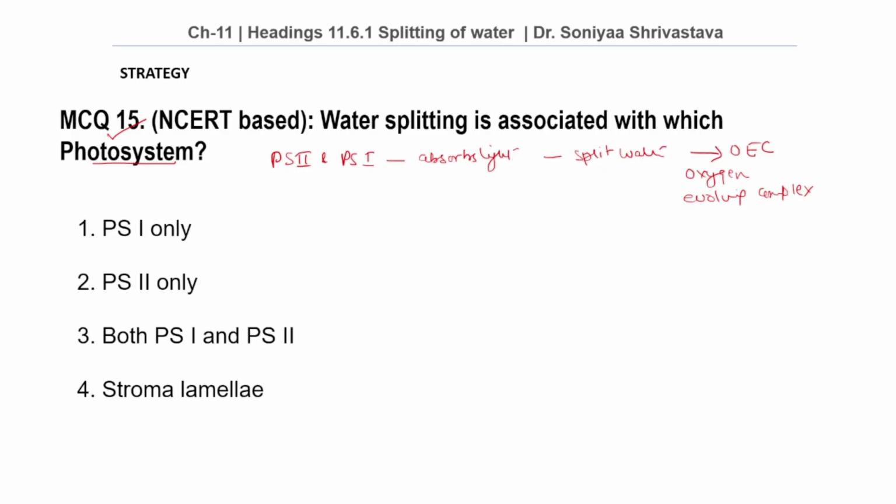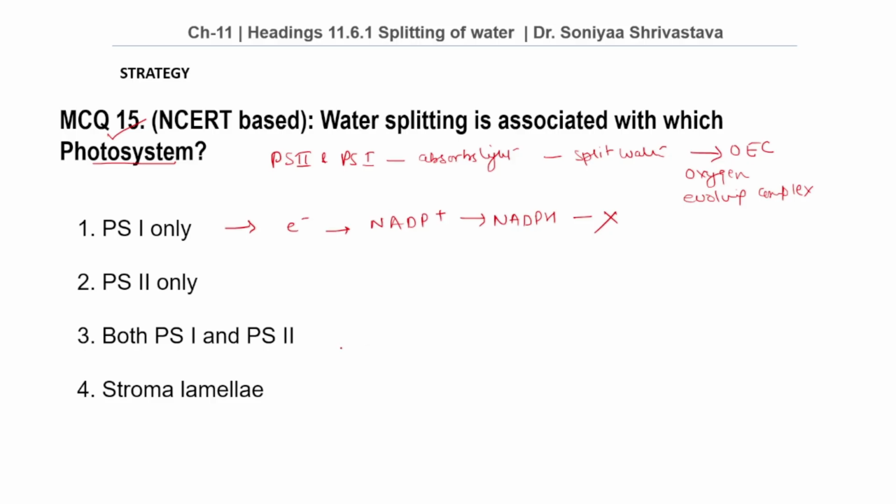Option number 1, PS1 only. Is it the correct option? No. PS1 receives electrons and helps to reduce NADP plus to NADPH, but it does not have water splitting complex. So this option is wrong. Now option number 3, both PS1 and PS2.